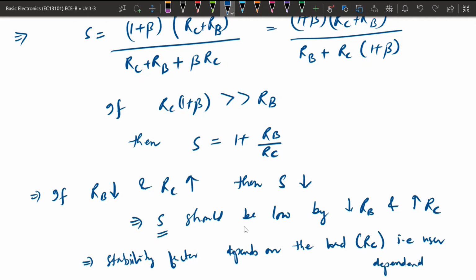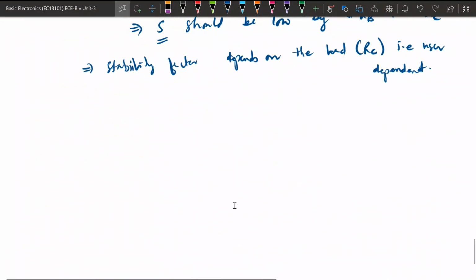So RC is user dependent, which means stability is also user dependent. So the user can define the stability of the circuit by changing the value of RC. So this is all about your collector base biasing.